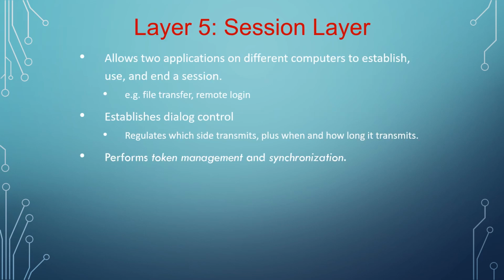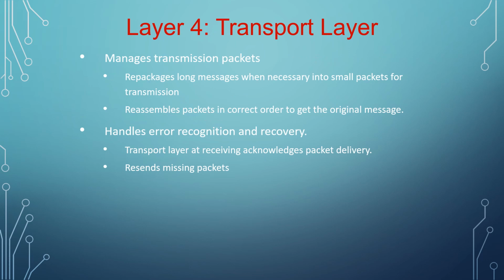Next to the presentation layer is the session layer. The session layer helps in setting up and managing connections, enabling the sending and receiving of data. It is used for file transfer and remote login. It receives data in the form of packets. It performs token management and synchronization.